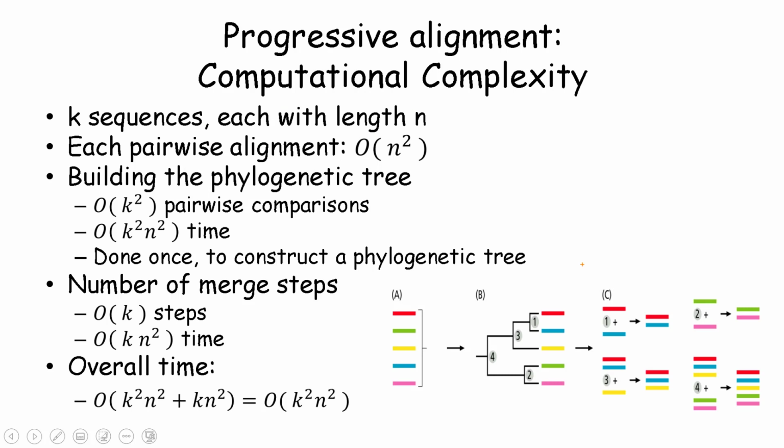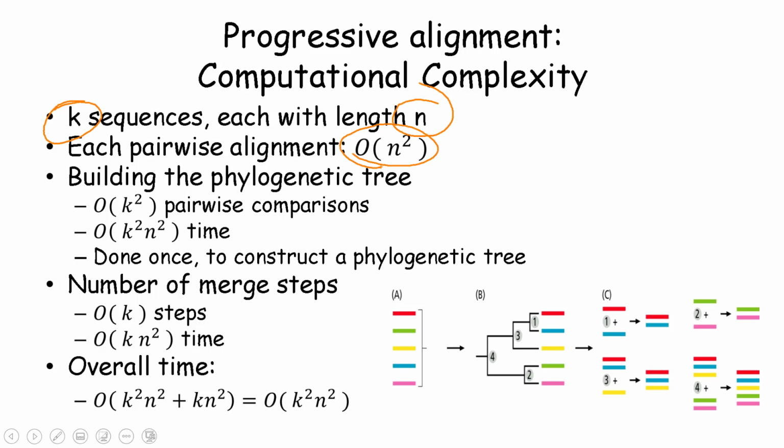Let's take a look at the computational complexity of the pairwise alignment strategy for doing multiple alignments. Say we have k sequences and each one has n residues. Performing a single pairwise alignment would take n square amount of time. As we progress through the iterations, we will have slightly longer entries to align, but we'll ignore that.